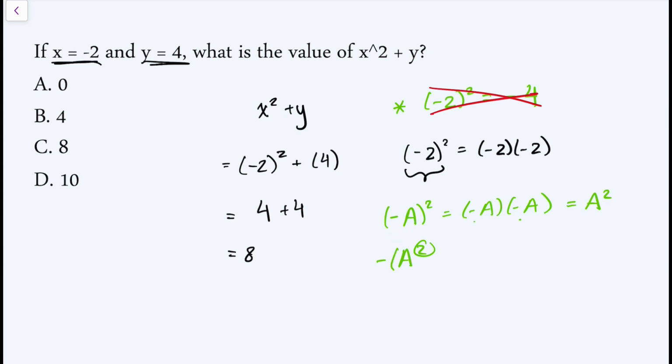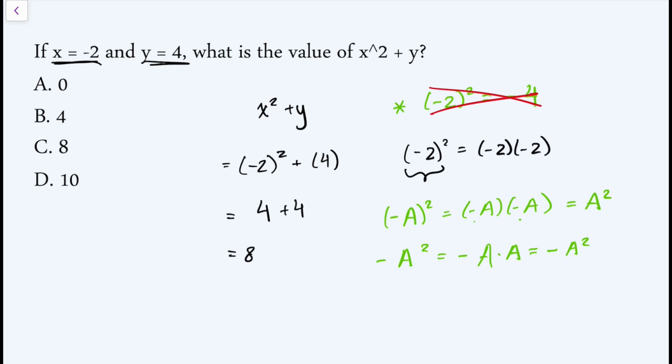It only applies to the a here. That's the difference. So this is a times a. And then the minus just being in front, and we're not touching it because nothing is being applied to it. So then we get negative a squared.